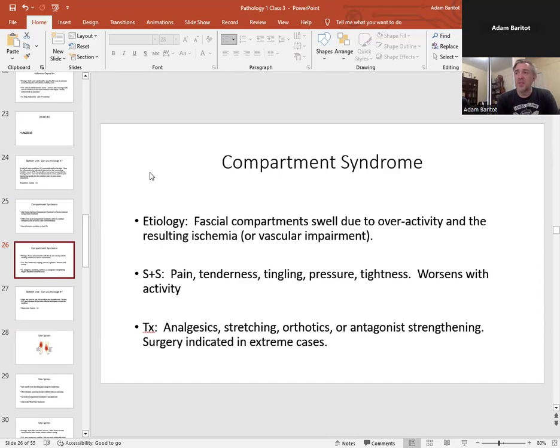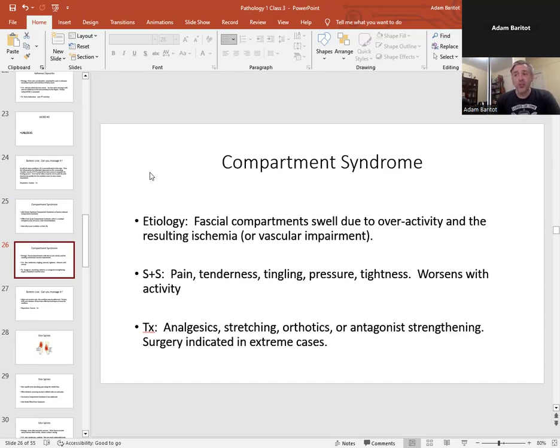Signs and symptoms with this condition include pain, tenderness, tingling, the sensation of pressure, as well as tightness. The more you use your leg, the worse this condition can get if it's anterior compartment syndrome. Treatment for this often involves pain relievers, analgesics. Stretching is highly advised.